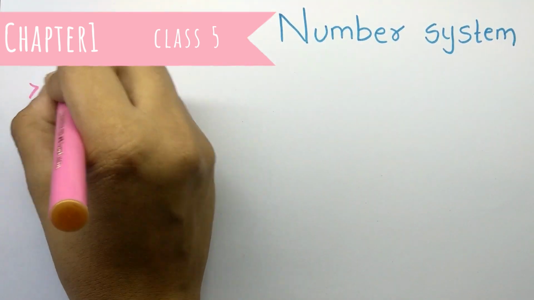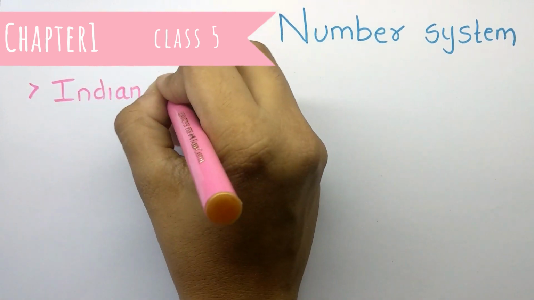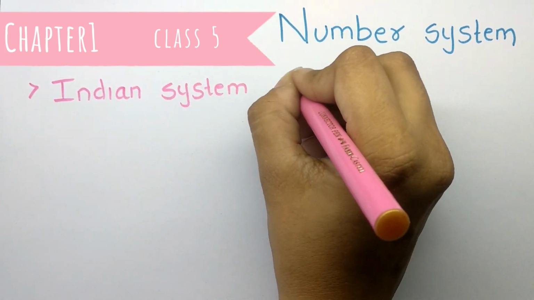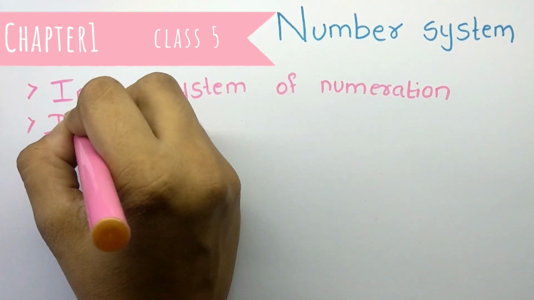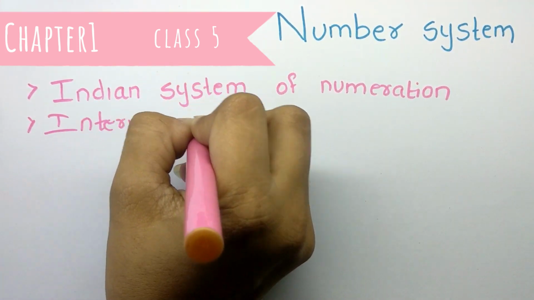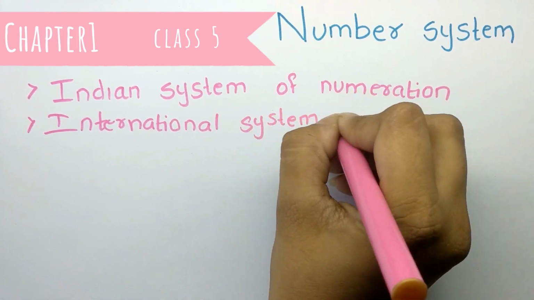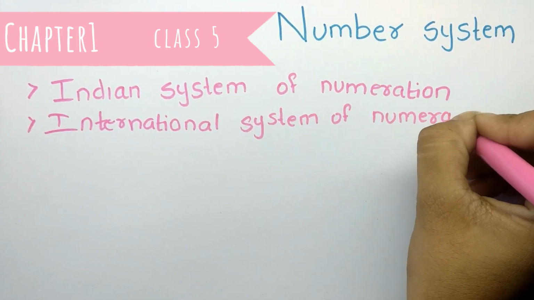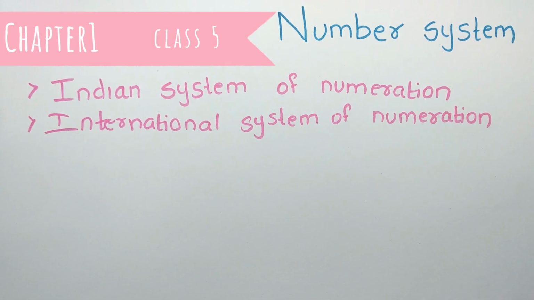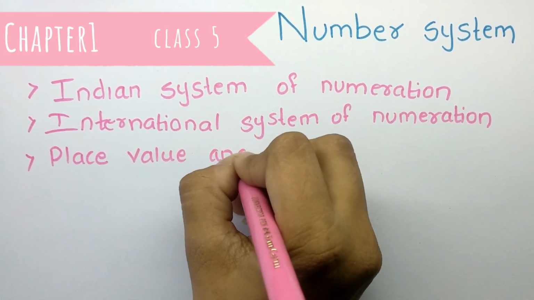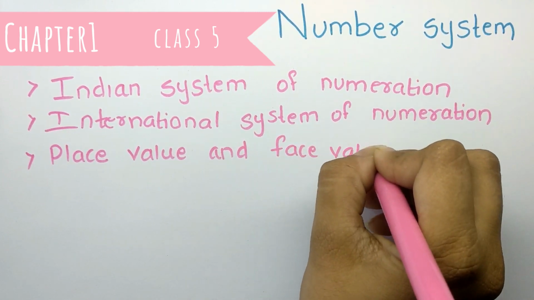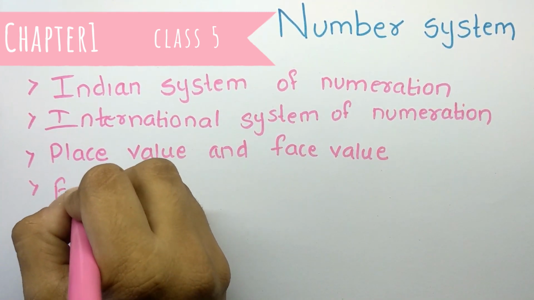Let us see what all topics we have to learn in this chapter. We have the Indian system of numeration. Then we will learn about the international system of numeration. Then we will see the place values and face values of those numbers.